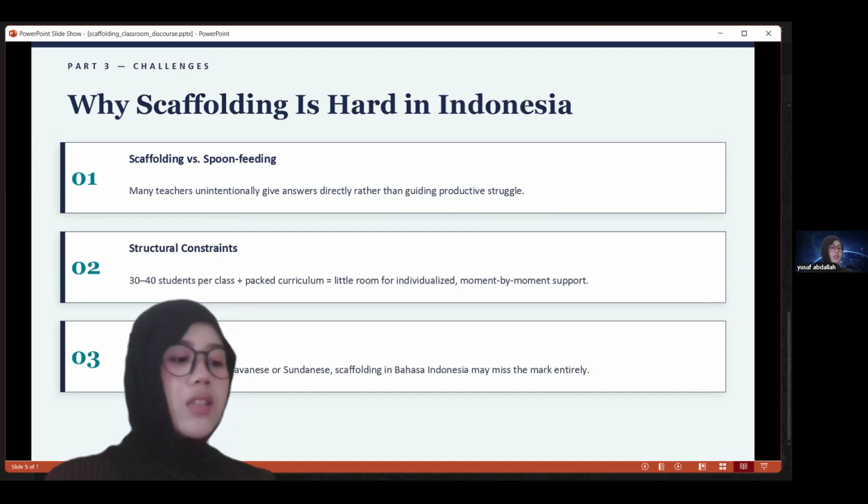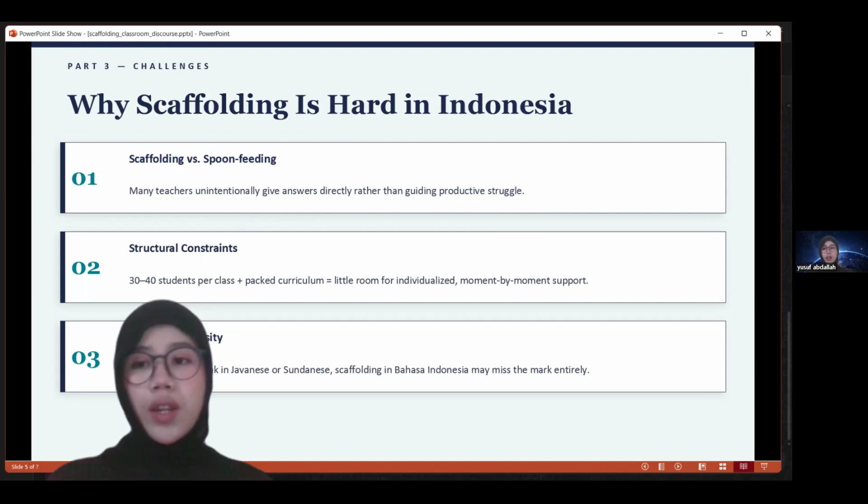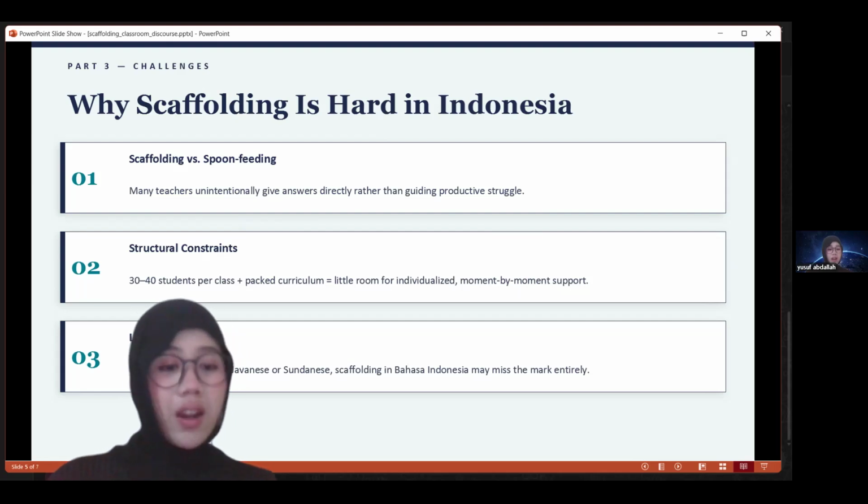And the second one is structural constraints. With 30 to 40 kids in a room and a packed curriculum to finish, there's very little space for the kind of individualized, moment by moment support that real scaffolding requires. And the third one is linguistic diversity makes it even harder.